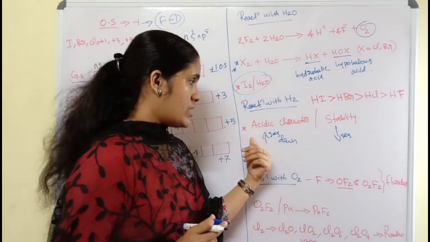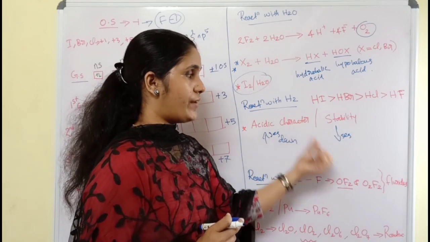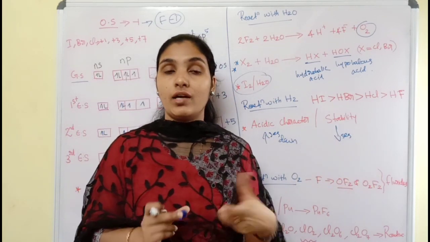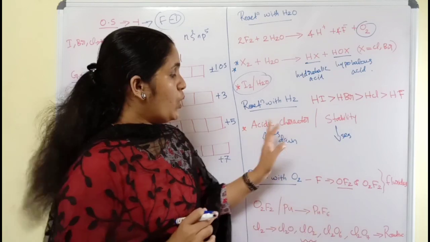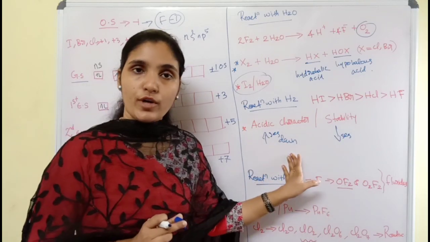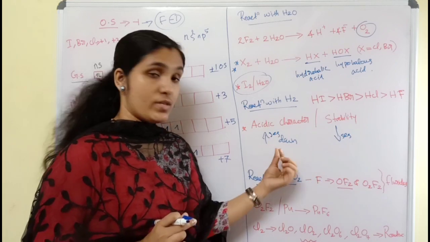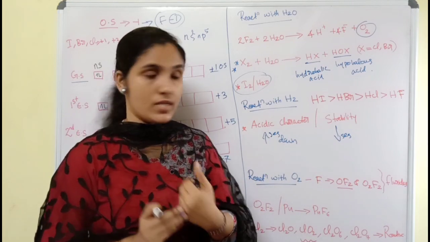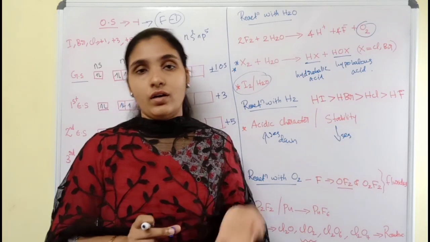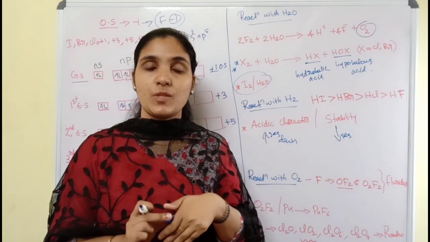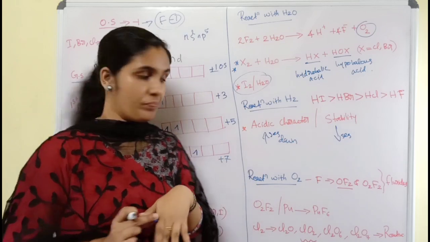So both the strongest acidic character and the stability can be explained with the help of bond dissociation enthalpy. Acidic character increases because bond dissociation enthalpy decreases. And stability decreases because bond dissociation enthalpy decreases. So both can be explained with the same reason.